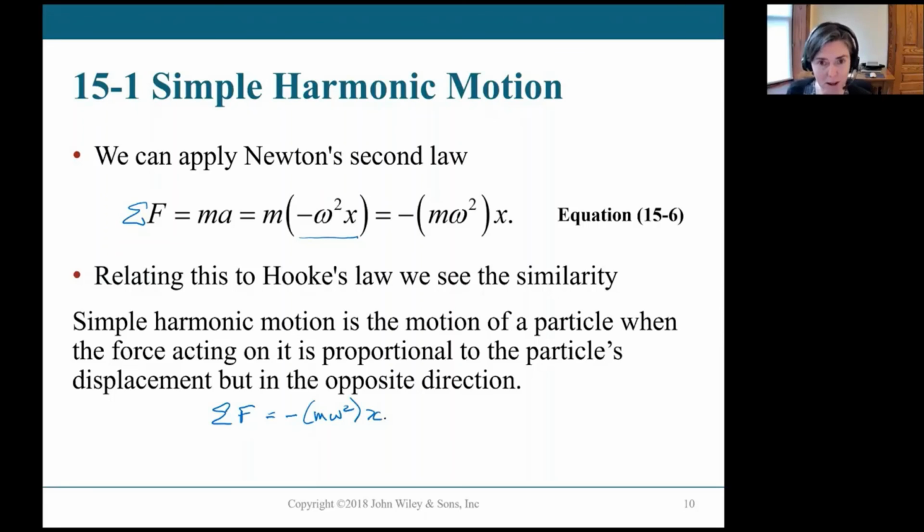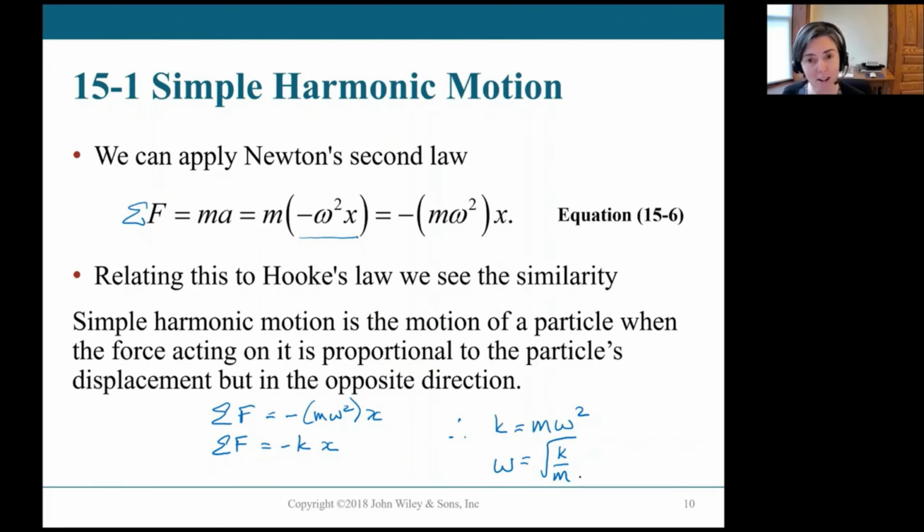But we're dealing with a mass on a spring, so F equals negative kx. These two equations must be equal to one another, since they're both the net force. So that tells us that k is equal to m omega squared. In other words, omega is equal to the square root of k over m.